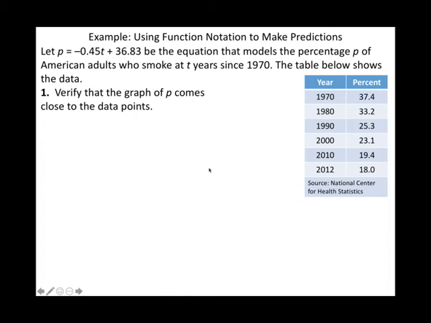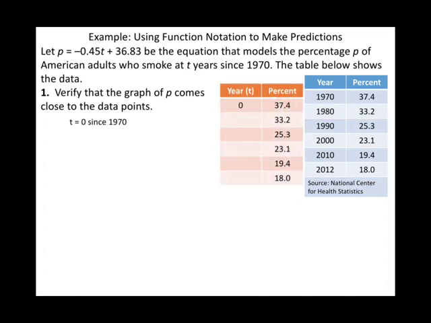First, we want to sketch the scatter plot using the table here. t years since 1970 means t equals 0 in 1970. And then we're going to use another table to match the year with the t. So t equals 0 when 1970. How about 1980?